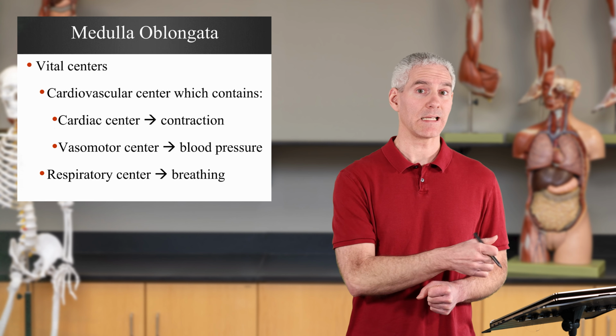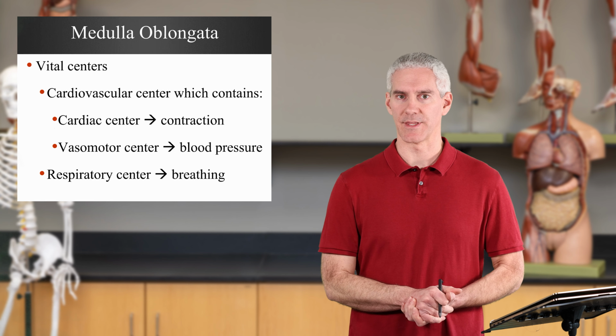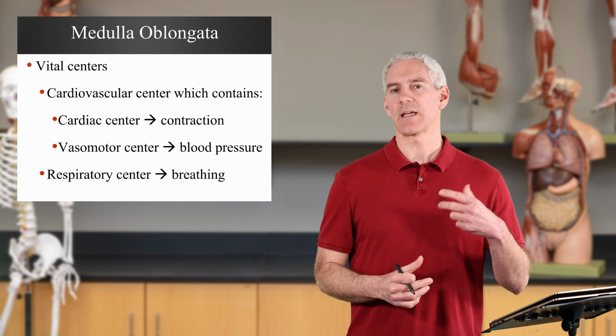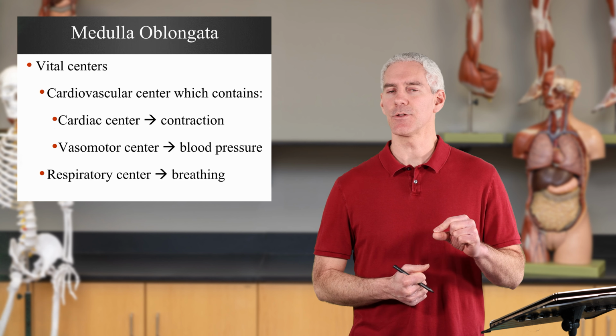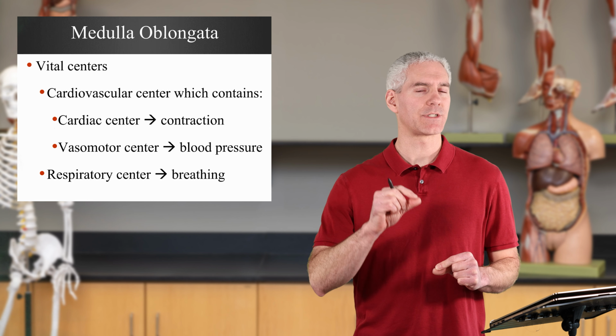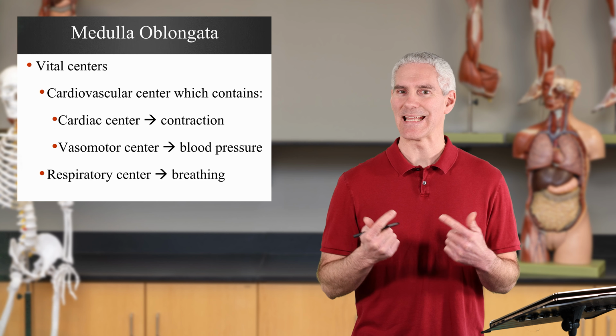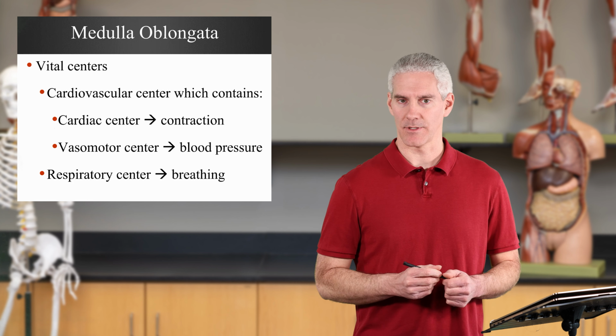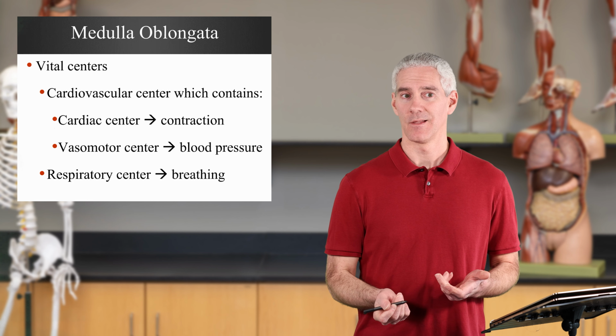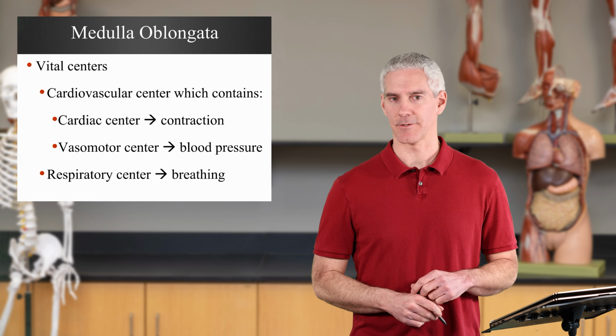But you also have the respiratory center, which controls breathing. So both the cardiovascular center and the respiratory center, controlling two vital functions in your body, are both located inside the medulla oblongata of your brainstem. So kind of some basic functionality here.